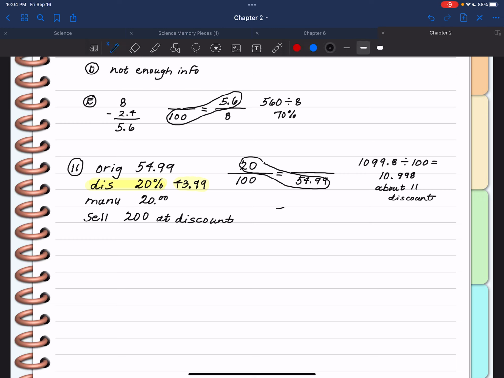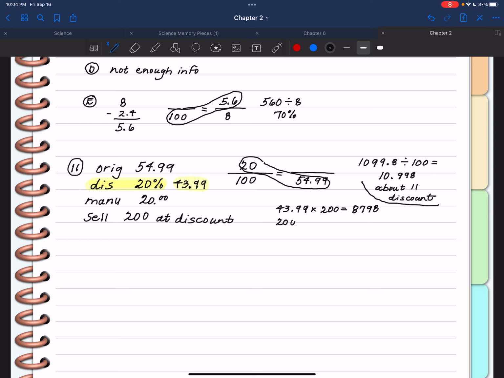I'm going to say $43.99 times 200 is $98. That's how much they made on the sweaters.